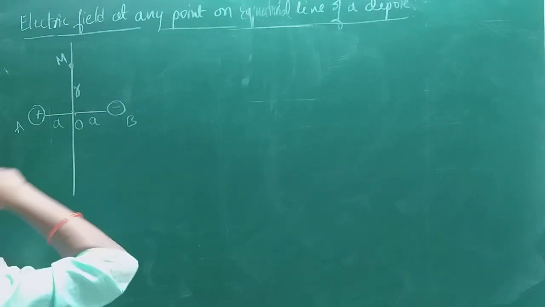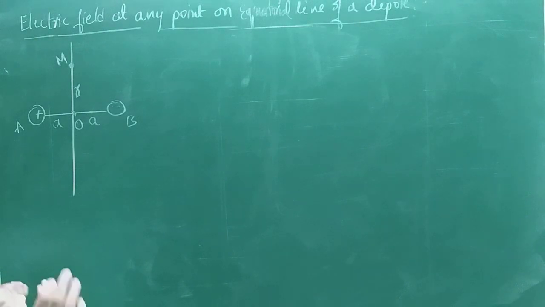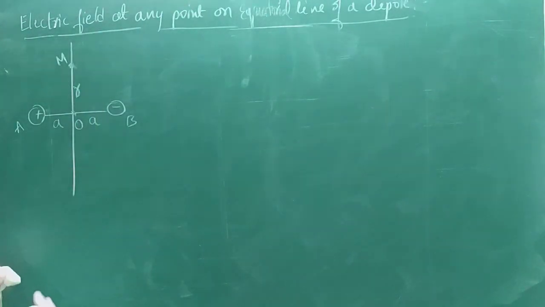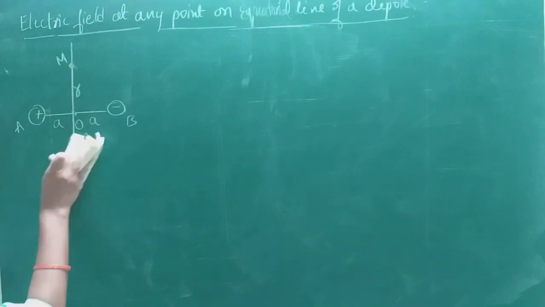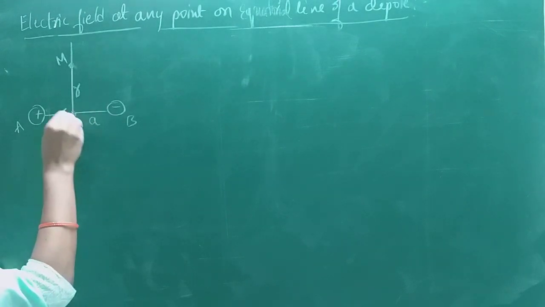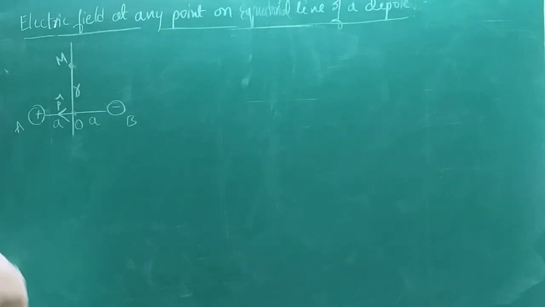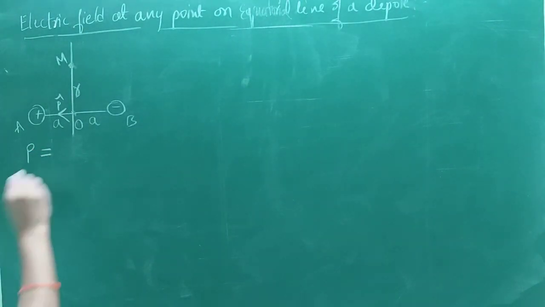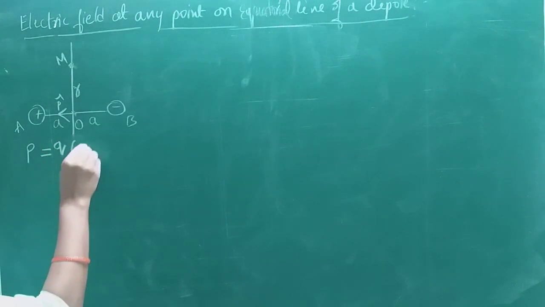Now the electric field at the point M due to the positive charge can be found. First, let us consider the dipole moment direction is from negative to positive charge, that is p cap, right? So the magnitude of the dipole moment can be written as p is equal to q into 2a.